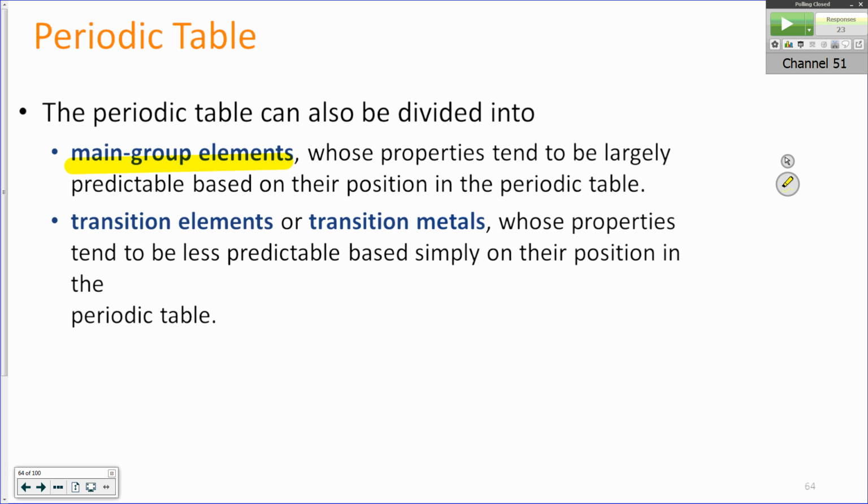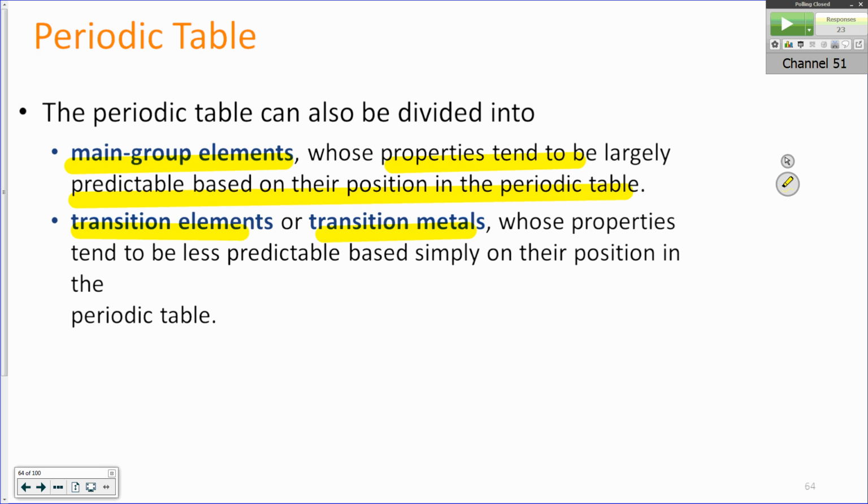And their properties tend to largely be predictable based on where that element is in the periodic table. And we've got another group of elements we call transition elements, or transition metals, because they're all metals, and their properties are less predictable based on the position of the periodic table. It actually matters who's around them in nature that dictate or determine those properties.